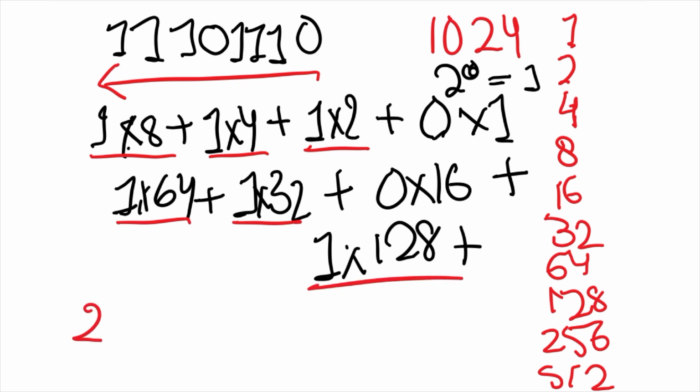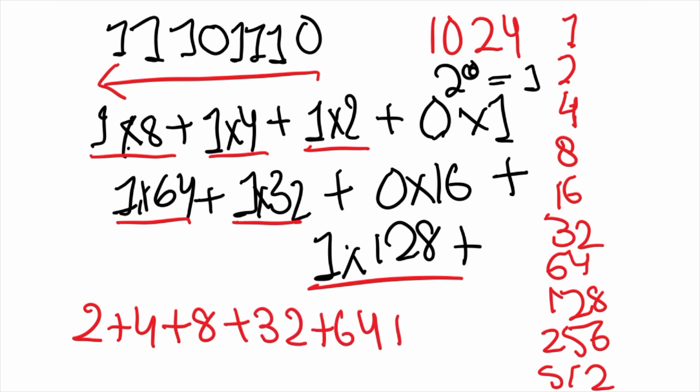So 2 plus 4 plus 8 plus 32 plus 64 plus 128, and you would get the answer 238. So this binary number is equivalent to the denary number 238. So this is how you convert any binary number into a denary number.